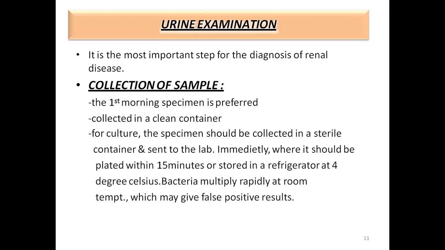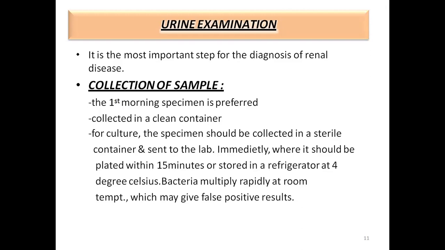For culture, if you want to go for a urine culture to see if there is any infection or not, the specimen should be collected in a sterile container and sent to the lab immediately, where it should be plated within 15 minutes or stored in a refrigerator at 4 degrees Celsius, as bacteria multiply rapidly at room temperature, which may give a false positive result.